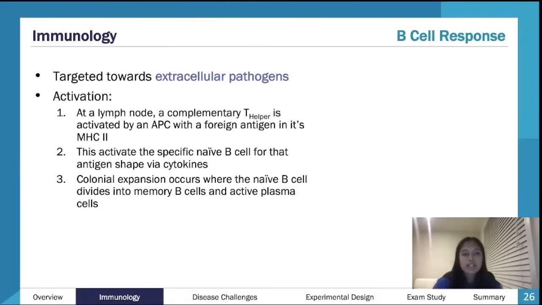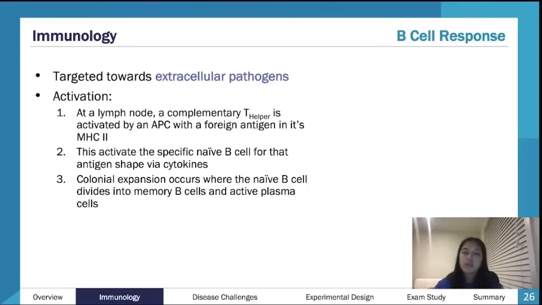Okay, so summarizing this. We've got a lymph node, our T helper cell is activated. This is going to say, okay, let me find a B cell that has the exact same receptor. I found it, now you're activated. Now this B cell has been switched on, it's going to divide and create so many more B cells, and they're going to be both memory B cells and plasma cells.